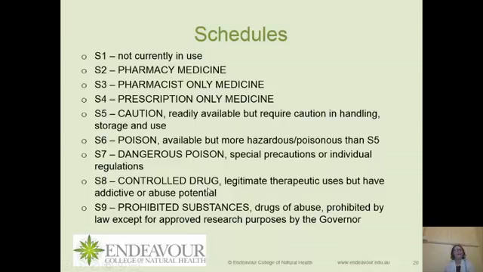Schedule 8 is a prescription substance, but generally has to be prescribed by practitioners where it has a potential for addiction and therefore abuse. We'll talk more about those substances such as pethidine and other opioid and narcotic substances later when we look at the drugs affecting the body systems.